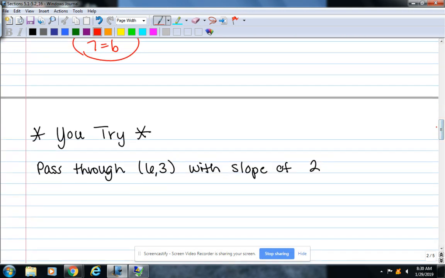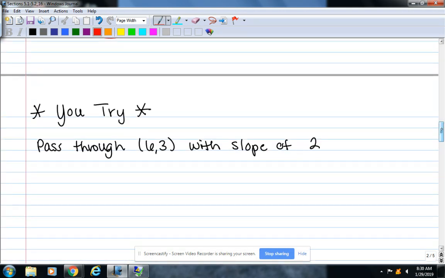You guys try that one. I want the slope of the line, or the slope-intercept form of the line that goes through (6, 3) and has a slope of 2.